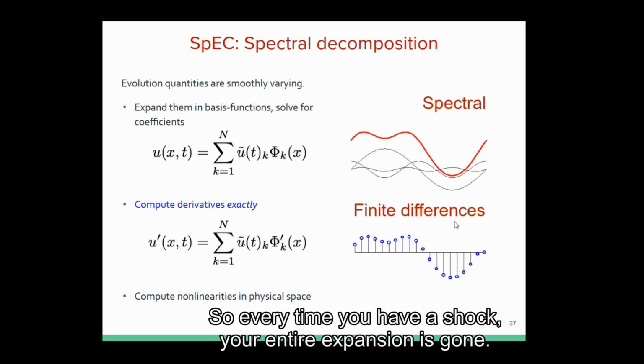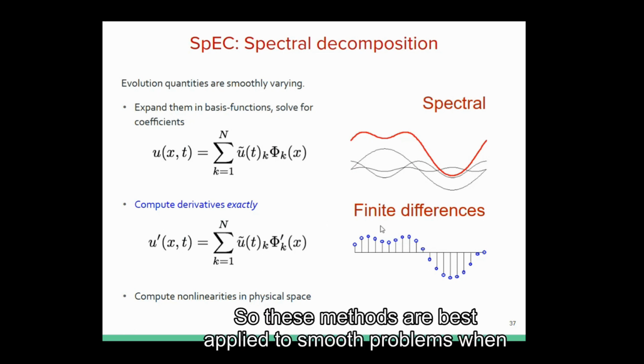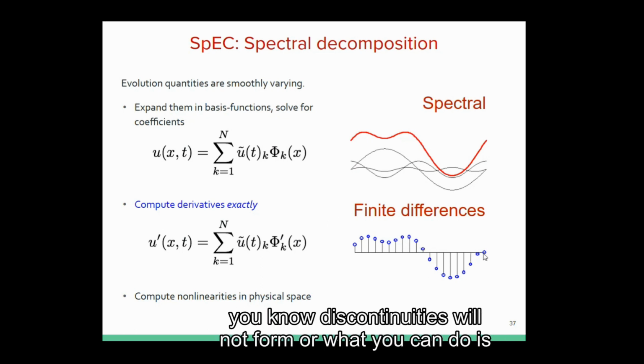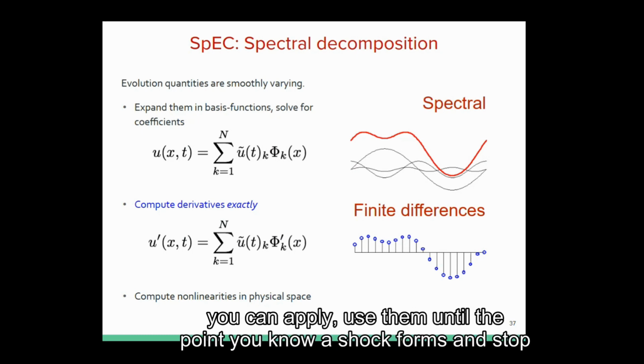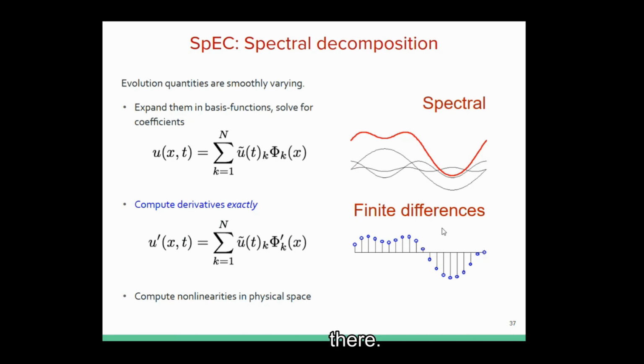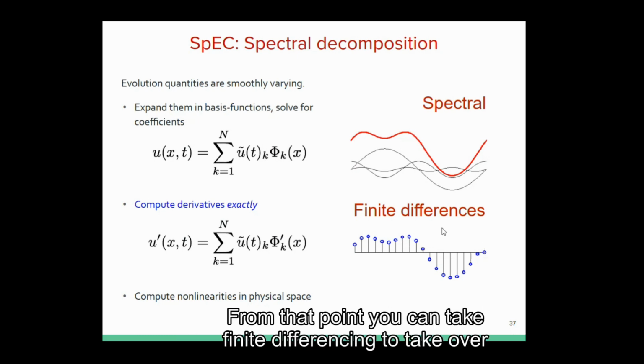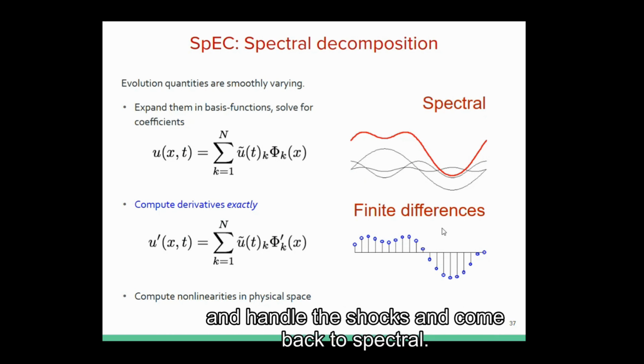So every time you have a shock, your entire expansion is gone. So these methods are best applied to smooth problems where you know discontinuities will not form. Or you can use them until the point you know a shock forms and stop there. From that point, you can let finite differencing take over and handle the shocks and come back to spectral.